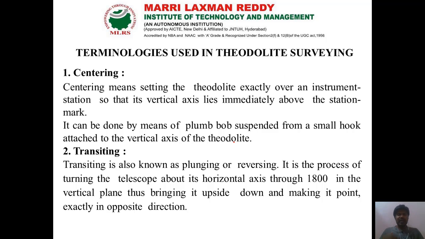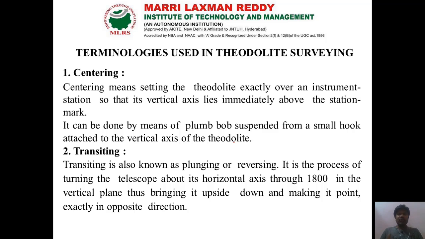It has to be done with the help of a plumb bob suspended from the small hook available at the beneath surface of the theodolite, and it is exactly oriented with the vertical axis of the instrument. So with the help of the plumb bob we do this centering process.